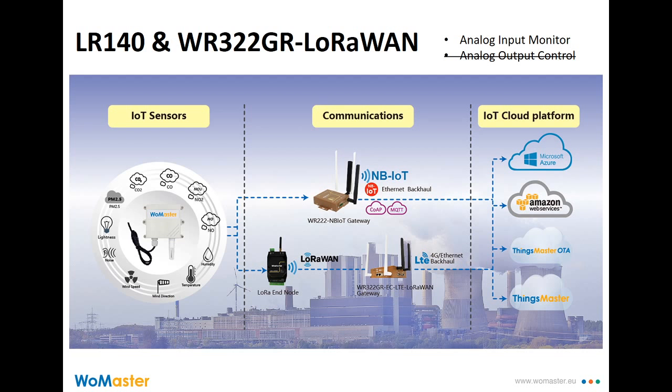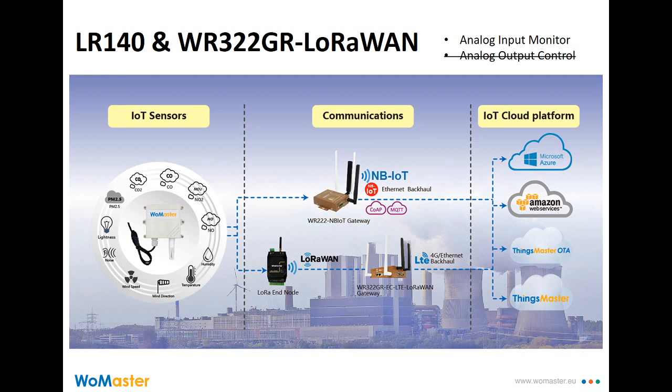Here you can see a typical architecture of a remote sensor monitoring application. There are some ways to complete the sensor solution with WoMaster products. Users can choose an NB-IoT or Cat-M1 connection to collect the data and send it to the cloud platform. WR222 can meet this application.